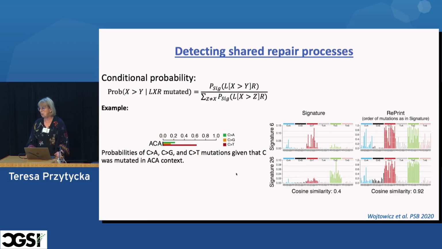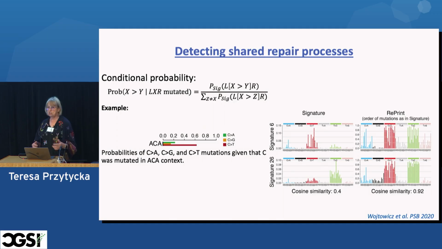That led us to define what we call a reprint. A reprint is a conditional probability, a transformation of the mutational signature. It says what is the probability of a given mutational category of a given triplet, subject to a mutation in that particular triplet having happened.